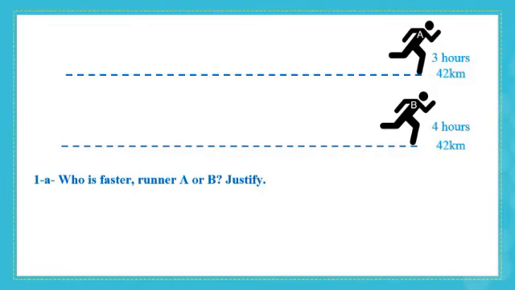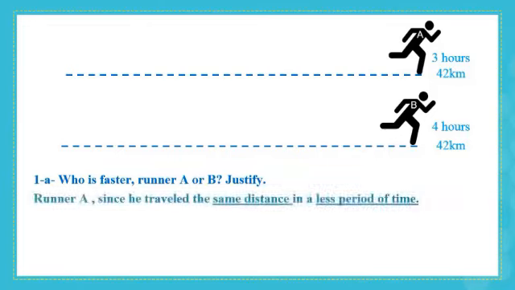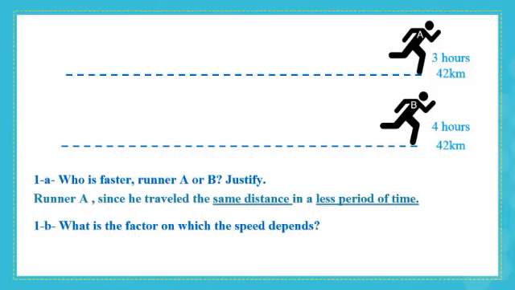Runner A, since he traveled the same distance as runner B, 42 kilometers, but in less period of time. Runner A took 3 hours to cover 42 kilometers, while runner B took 4 hours to cover the same distance. What is the factor on which speed depends?